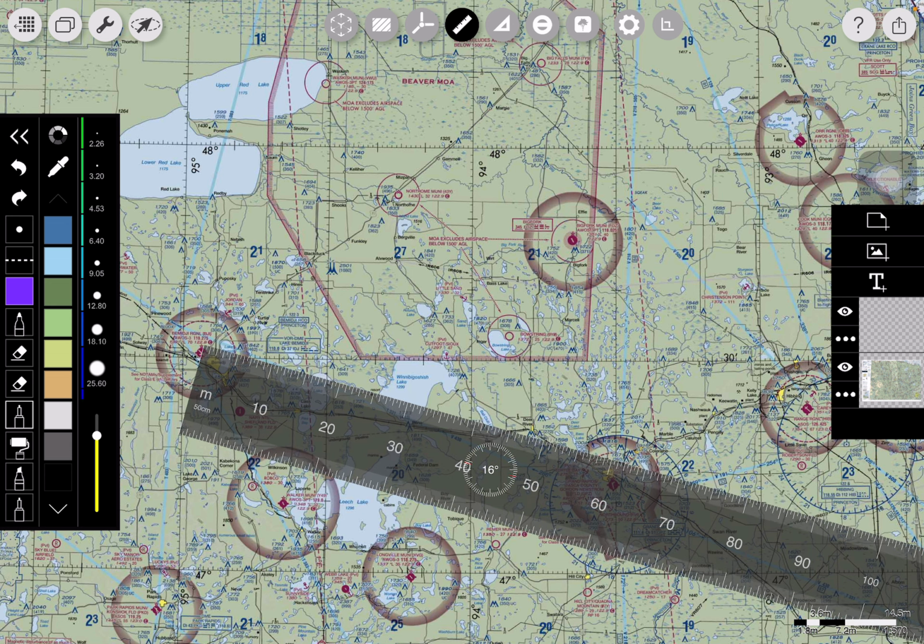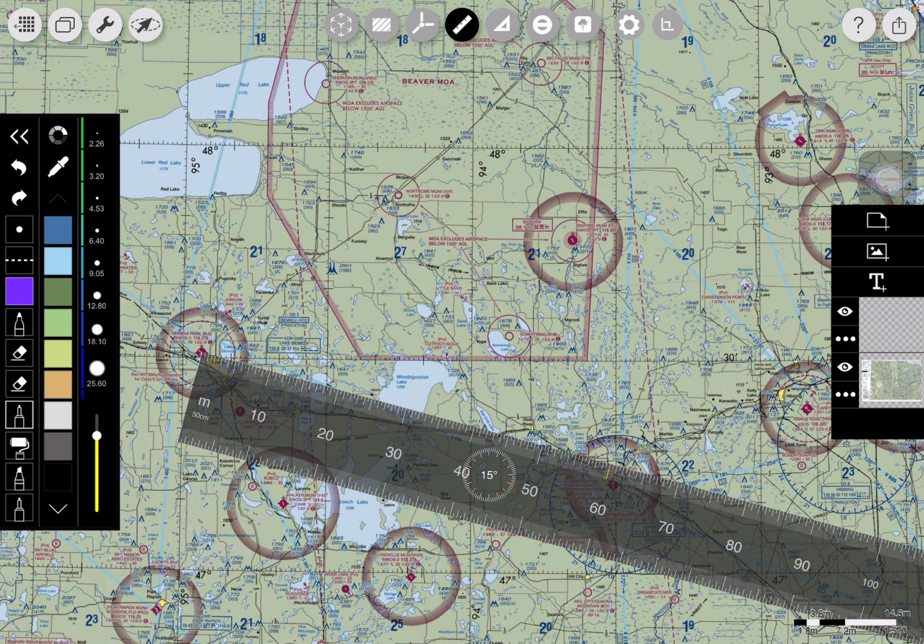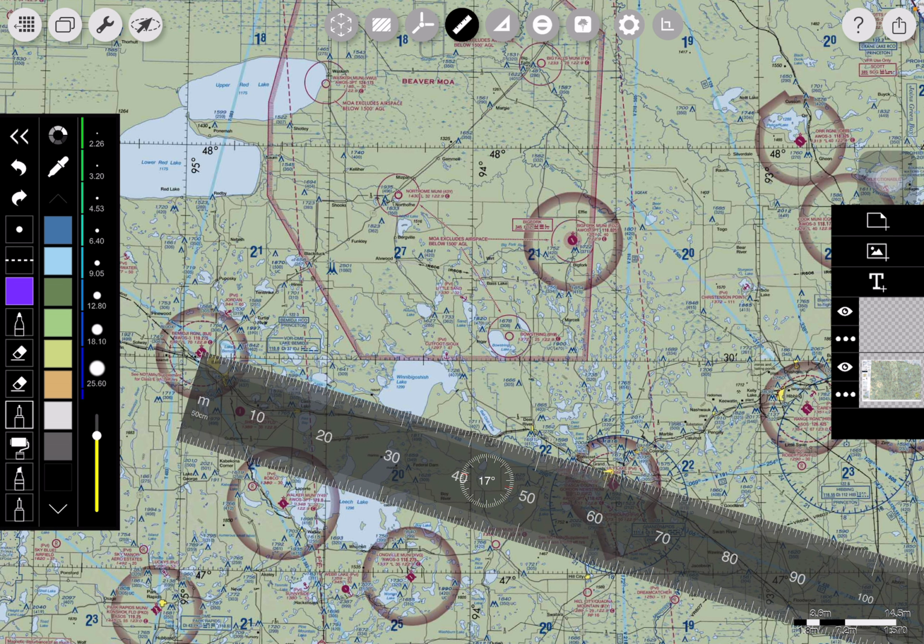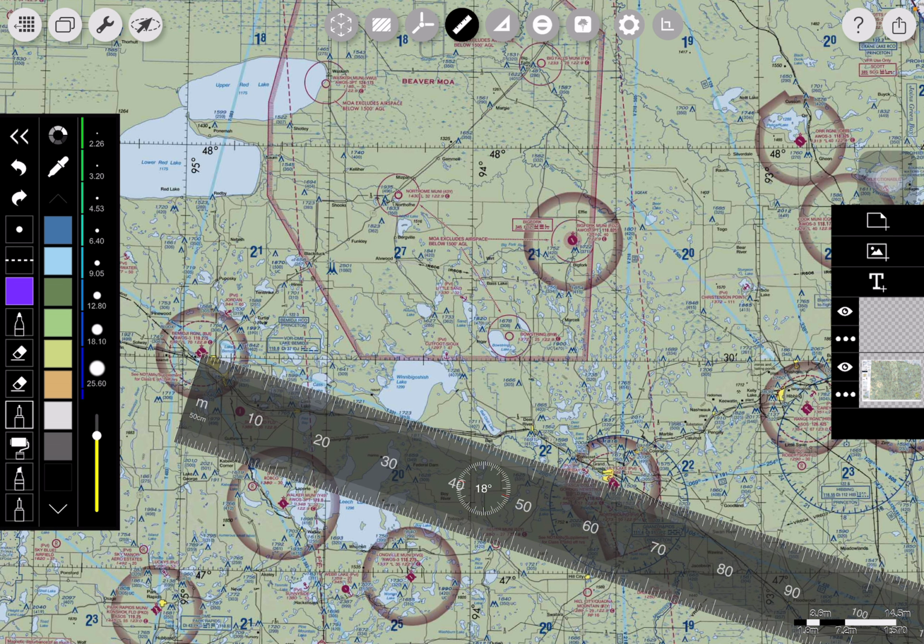I'm going to set my ruler, place it on the departure point, Bemidji, and extend it to the destination, Grand Rapids. See how it reads 18 degrees and 61 nautical miles.